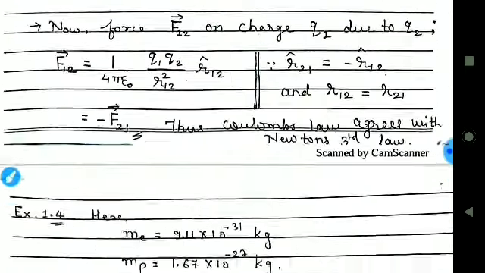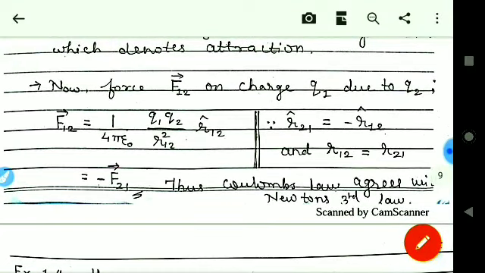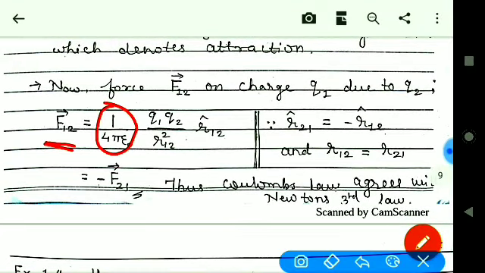So this can be given as F12 is equal to K, that is 1 upon 4 pi epsilon naught, into product of the charges Q1 into Q2 upon distance between the charged particles, that is r square, but the difference is unit vector r12, because here the direction of force is from 2 to 1.